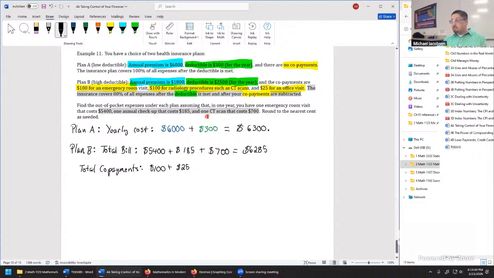One CT scan, the bill's $700, but probably what you paid before they even put you in that machine was the $100 copay for the radiology procedure. So add $100 to that. So out of this total bill, we've already paid this total, $225. So copayments are now aggregated there.